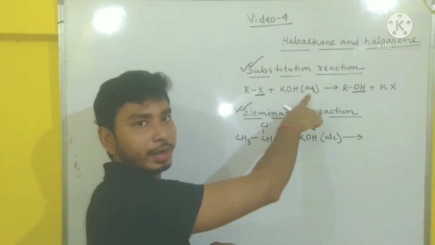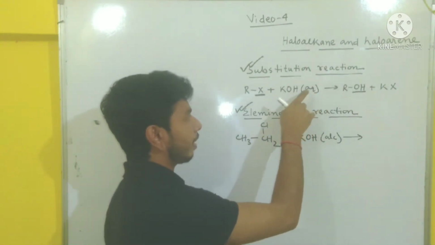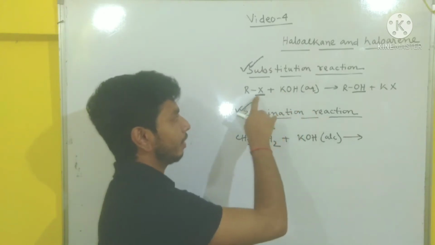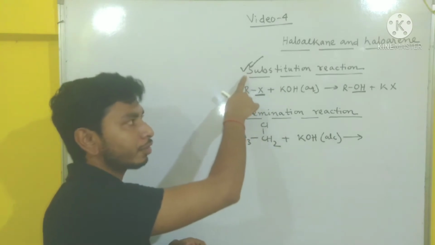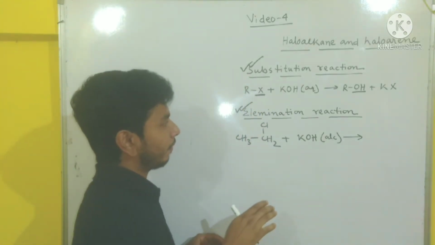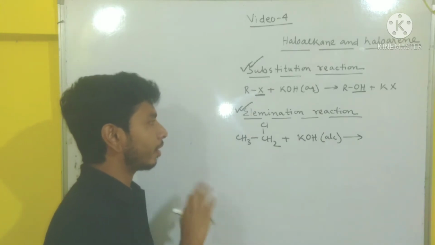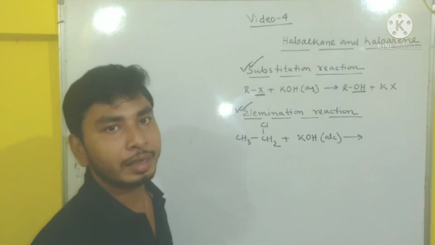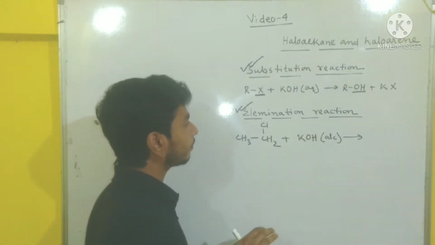This is aqueous KOH. When the reaction is done with aqueous KOH, the reaction follows the substitution reaction. And if we use alcoholic KOH, then the reaction goes via elimination reaction. Now what will be the product?